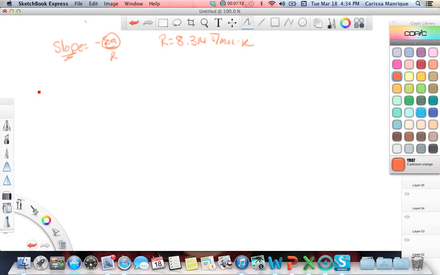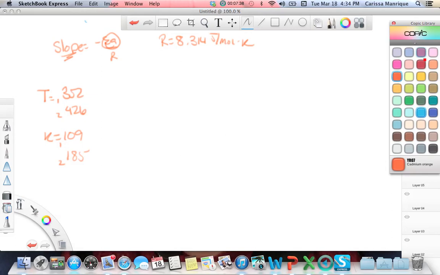They said that temperature equals 352 and 426. And we know that K equals 109 and 185. Okay, so this is kind of like a T1, T2. This is like a K1, K2.